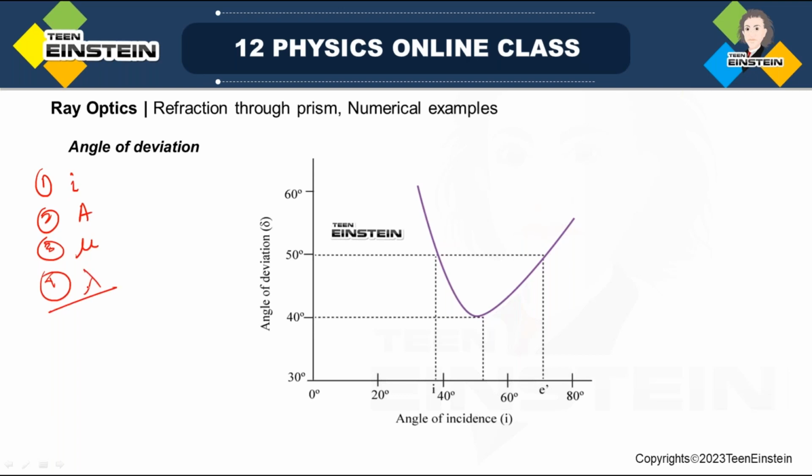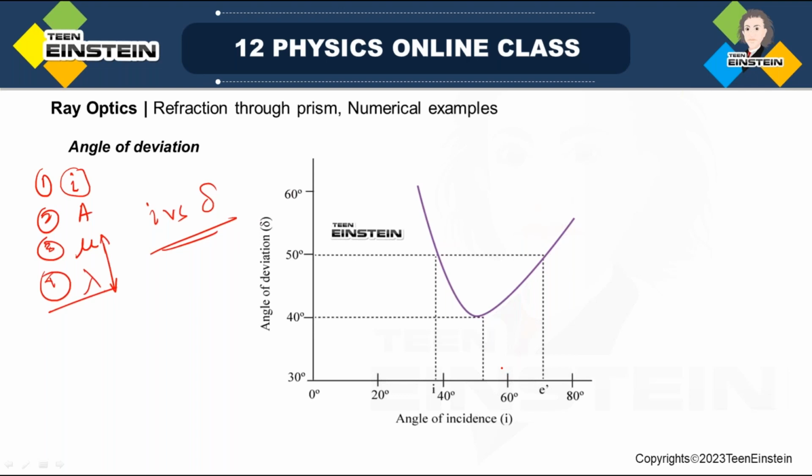So these are the four factors. Now, when the prism has a certain particular shape, this A is fixed. If I use a particular light, then this is fixed, and if I use only one prism, then these three factors will be fixed, only variable will be I. Okay, that means with I, delta changes. I versus delta is what is being plotted in this particular graph.